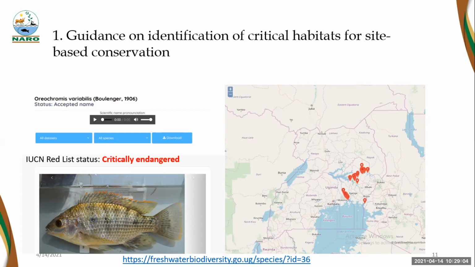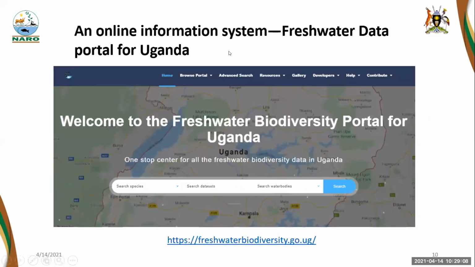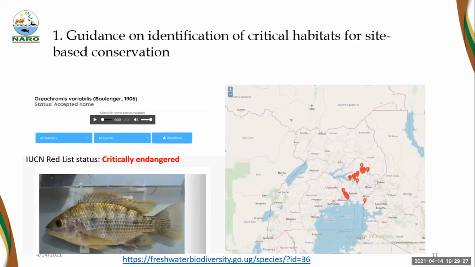So from the previous, I think I was on this slide, and like I said, developing this portal was basically dependent on local skill and local talent.